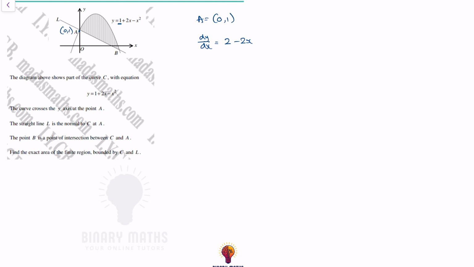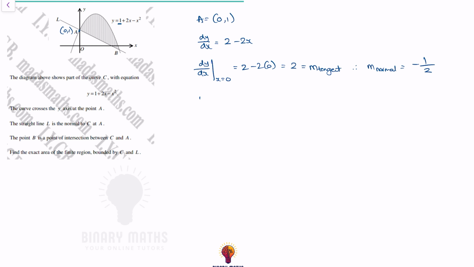We need the gradient at A, so substituting in the x value of A, which is 0, gives 2 minus 2 times 0, which is just 2. This is the gradient of the tangent. Therefore, the gradient of the normal is the negative reciprocal of this, so negative 1 over 2.